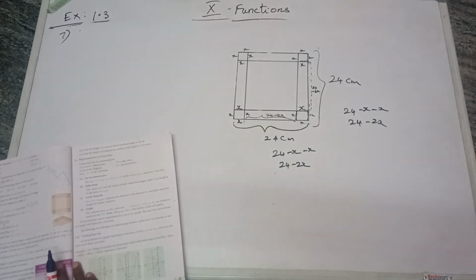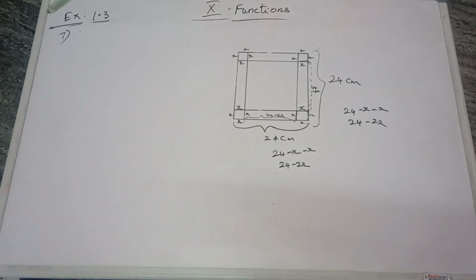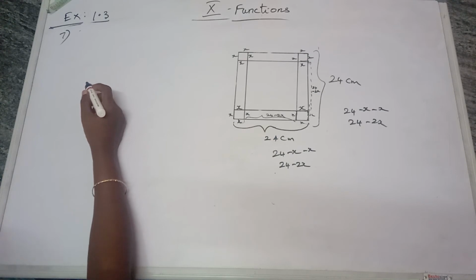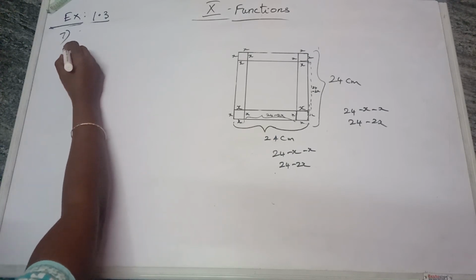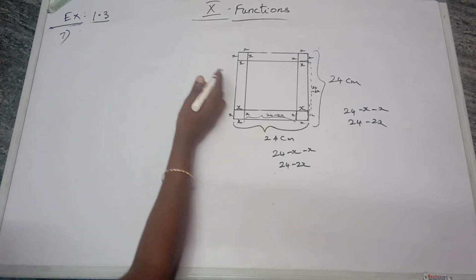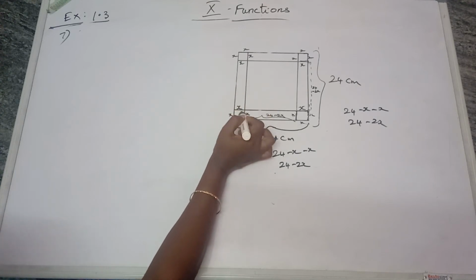Now we have to write the length of the cuboid. First we have a square piece of material, then after cutting equal squares we have a cuboid.